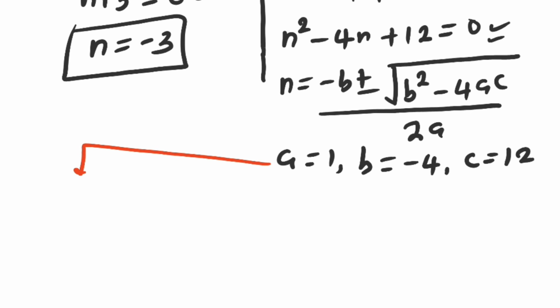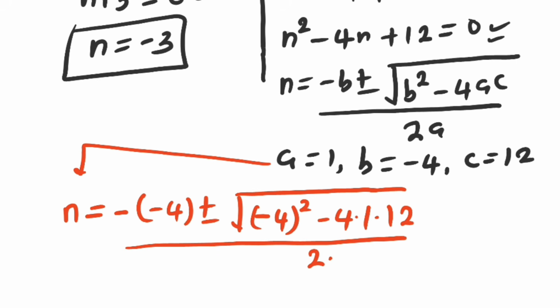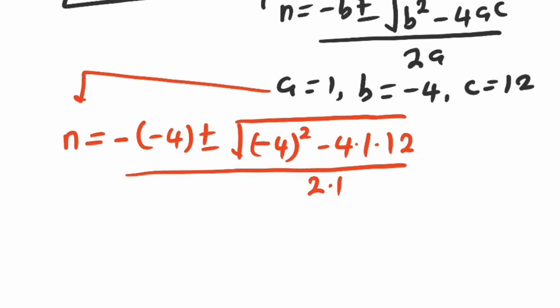Then from here, n is equal to minus bracket minus 4 plus or minus square root of minus 4 squared minus 4 multiplied by 1 multiplied by 12 over 2 multiplied by 1. n is equal to minus times minus 4.